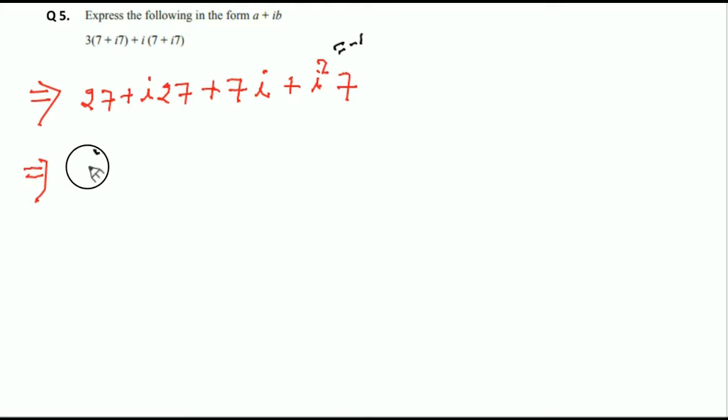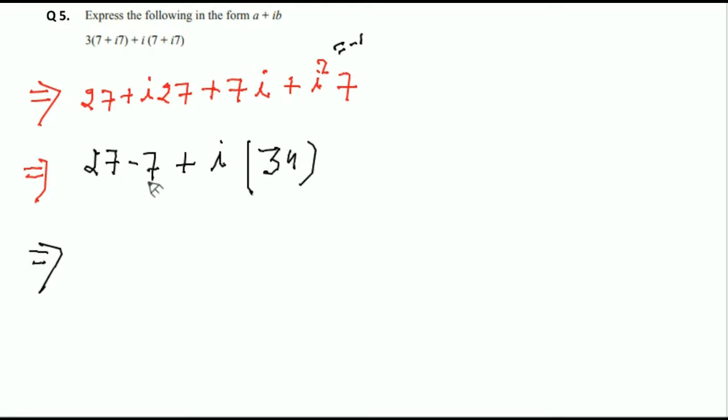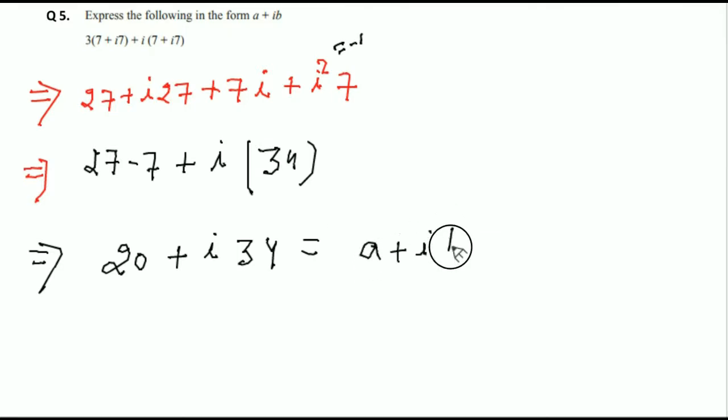So 21 minus 7 is 14, and iota into 21 plus 7, that is 28 iota. Sorry, the values are as stated: this will become 20 plus i into 34, which is the a plus ib form. Compare: a equals 20 and b equals 34. Go for the next one.